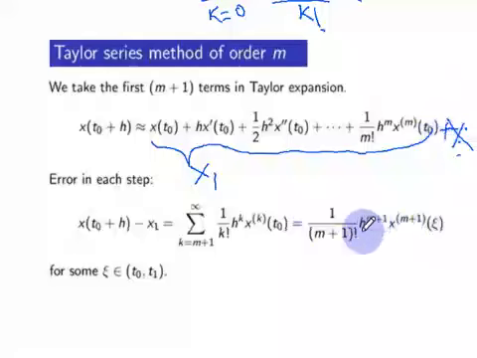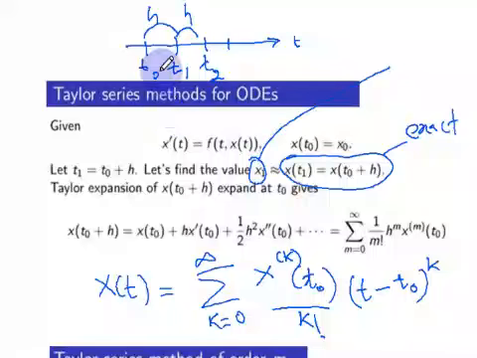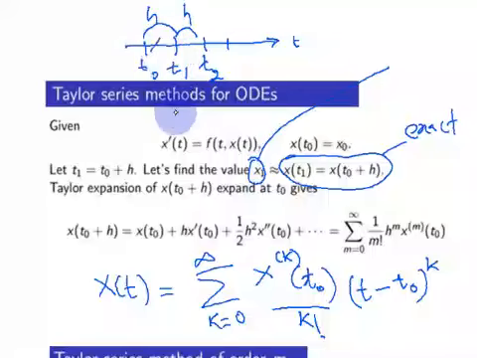The error of the order is this: h to the power m plus 1 times the m plus 1 derivative of psi. Psi is a number in between t0 and t1, so psi is located somewhere here.